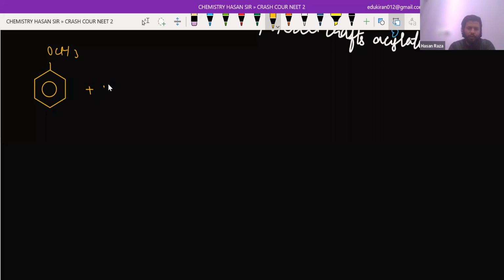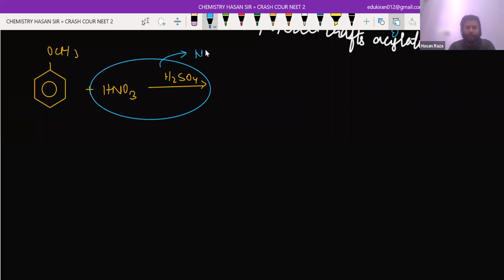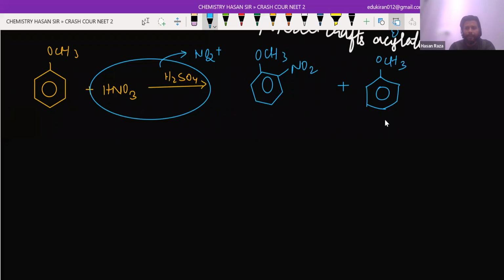If you are going to use HNO3 in the presence of H2SO4, due to this reagent there will be formation of an electrophile, that is NO2 plus, which has the name nitronium. So this nitronium will be attacking at two positions. One is at ortho and another is at para. So this will be your major and this will be your minor. So it's very easy.